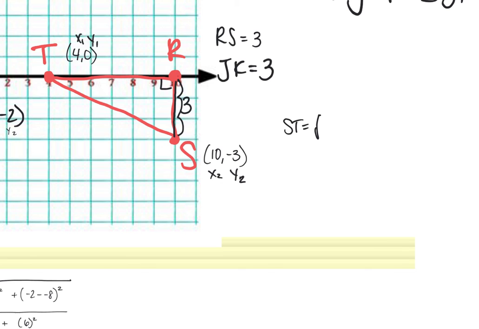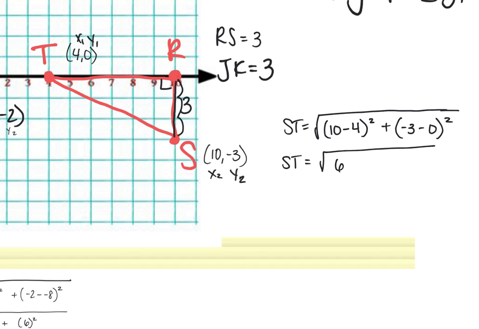ST equals the square root of x2, which is 10, minus x1, which is 4 squared, plus y2, which is negative 3, minus y1, which is 0 squared. So we're going to get ST equals the square root of 6 squared plus negative 3 squared.